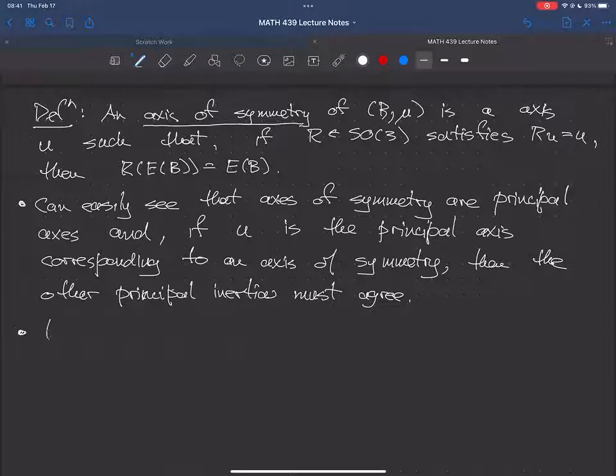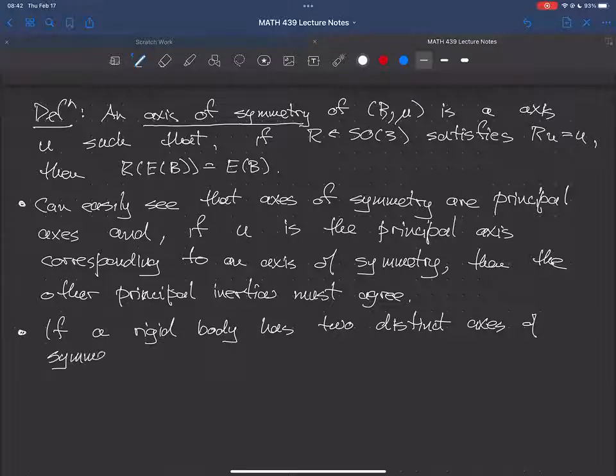Now, another thing just to generate some intuition about this. If a rigid body has two distinct axes of symmetry, okay, and distinct here should mean that they're not collinear.